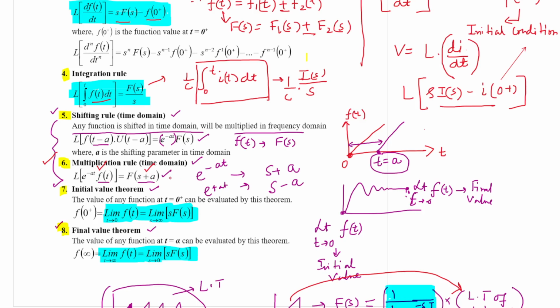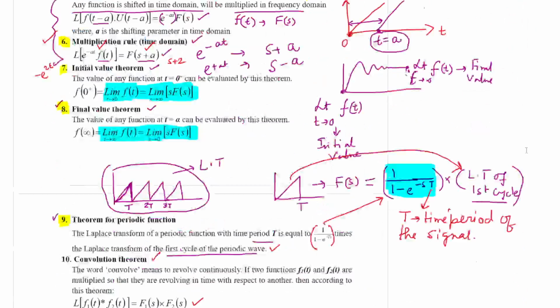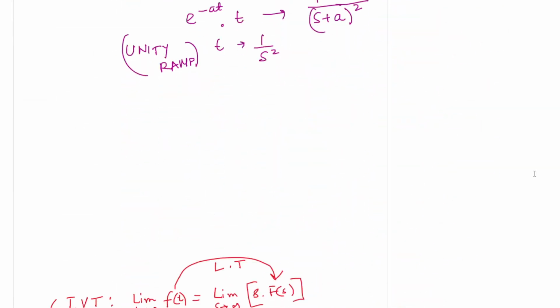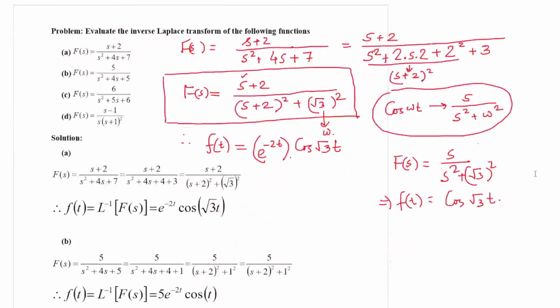So in this problem, it is shifted by 2 units, that means we have s plus 2 here, so it must be multiplied in the time domain by a factor of e to the power minus 2t. That is why this term came in this problem.